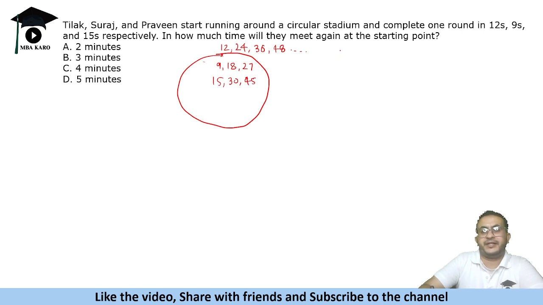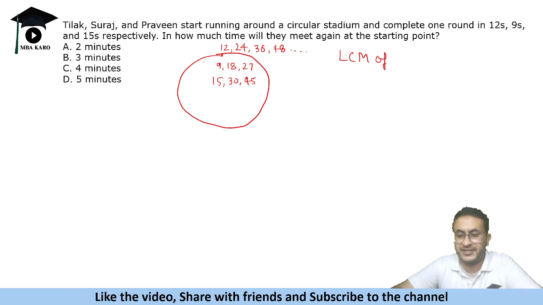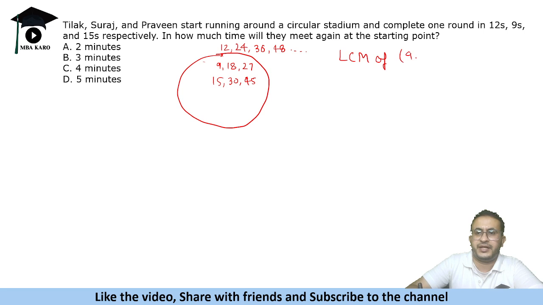So we need to find the LCM, the common multiple, which means they will meet again at the starting point. So LCM of 9, 12 and 15. For 9 and 12, the LCM is 36, and with 5, it is 180. 90 is not divisible by 12, but 180 is divisible by all three of them. So LCM is 180 seconds.